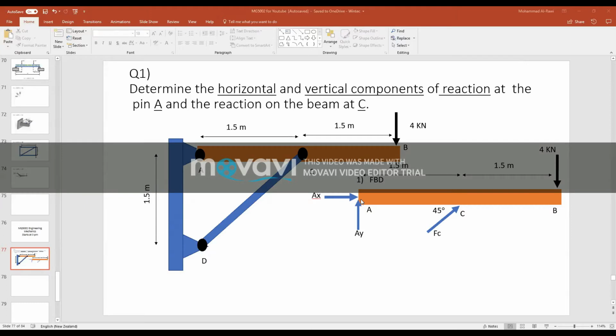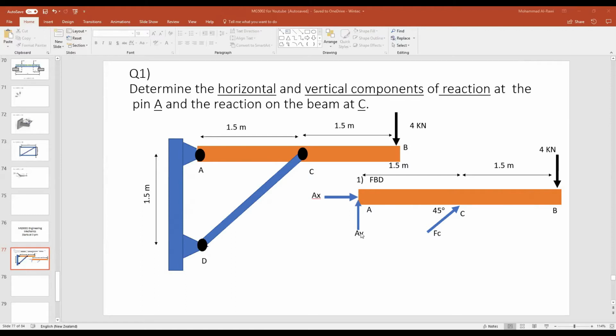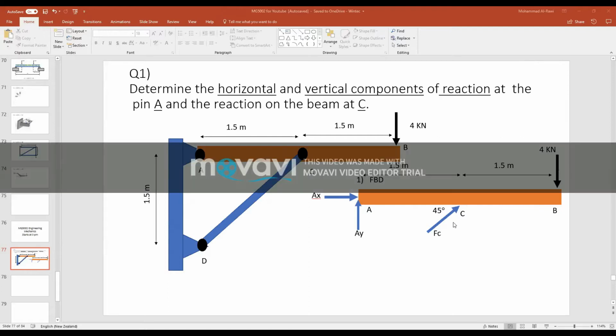Here is where I start to think outside the box. Why? Because when I take the moment about point A, AX and AY will be multiplied by 0 distance, so the moment will cancel these forces in that equation. There will be one unknown, which is FC, and I need to find its components, and then the other one is the 4 kilonewtons.